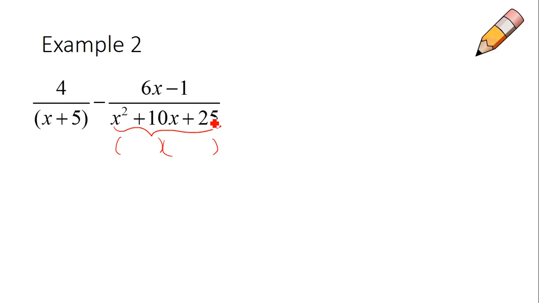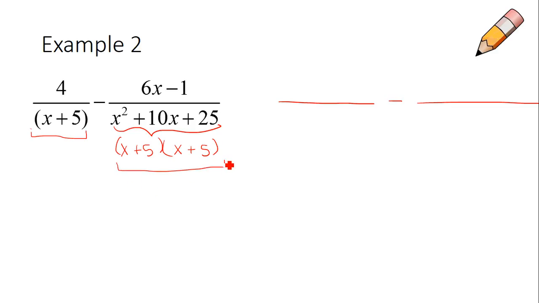So what multiplies to make 25 and adds to make 10? 5 and 5, right? So this splits apart into x plus 5, x plus 5. So what denominator will need to be on the bottom of each of these fractions? Notice how this fraction just has one x plus 5. This fraction has two x plus 5s.